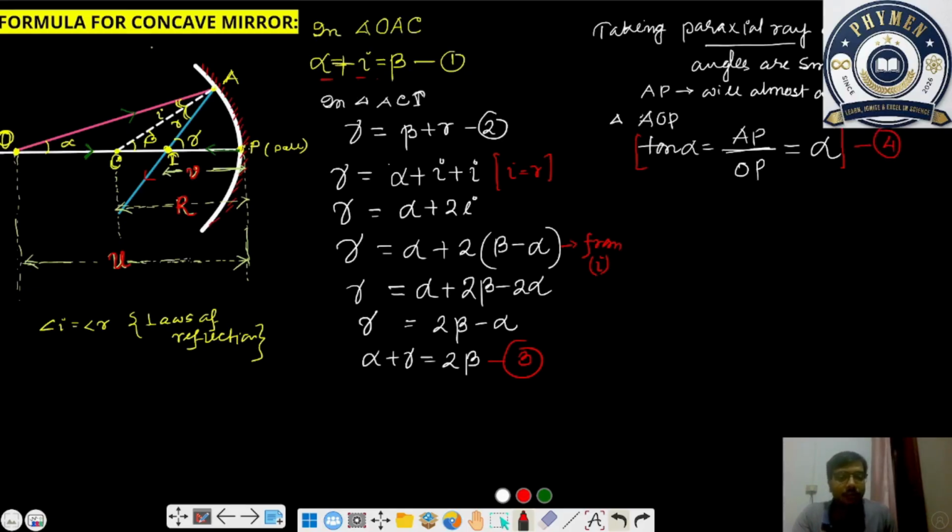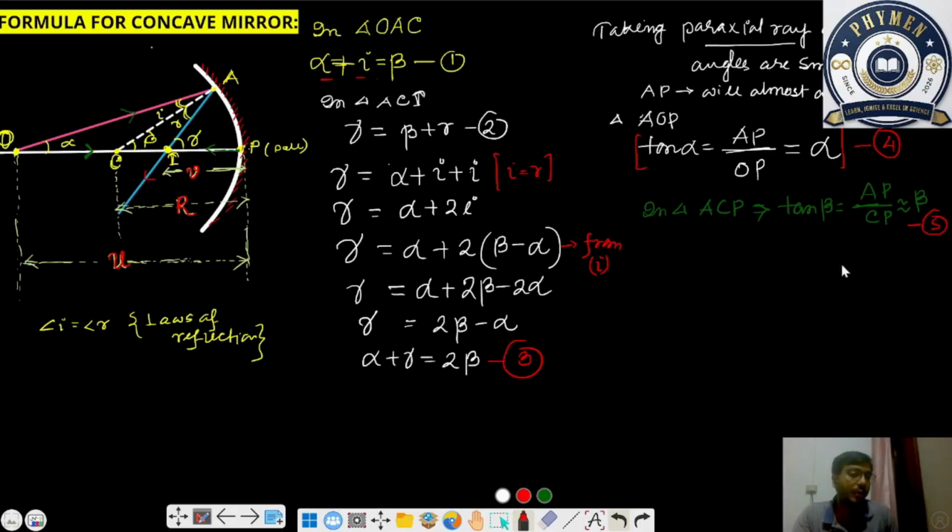Then again in triangle ACP, we can write tan beta equal to AP by CP, right? And it is approximately beta, because alpha, beta, gamma are very small angles, and we can write this approximation.